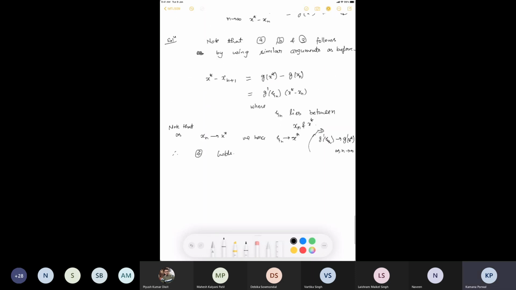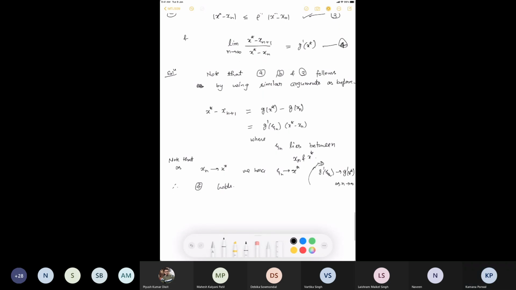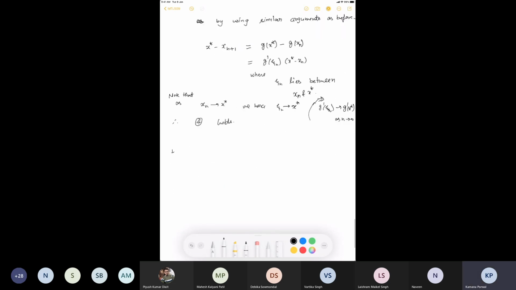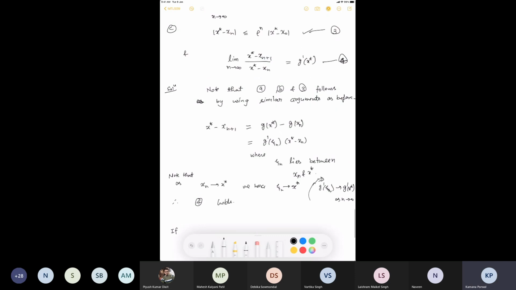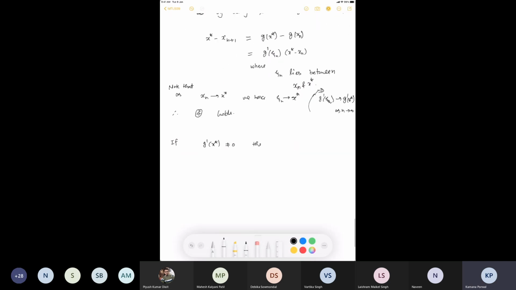Okay, so from here, you can also clearly observe the order of convergence and the rate of convergence. So if we take g prime of x star not equal to 0, then what do we have from this equation 4?